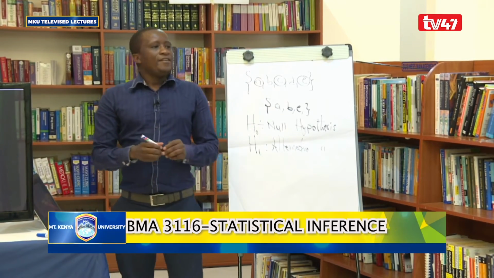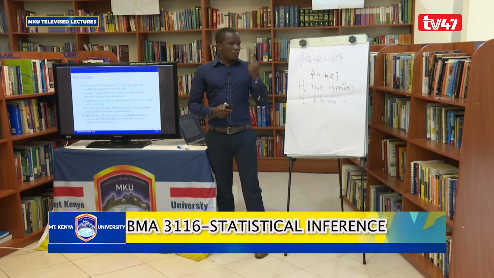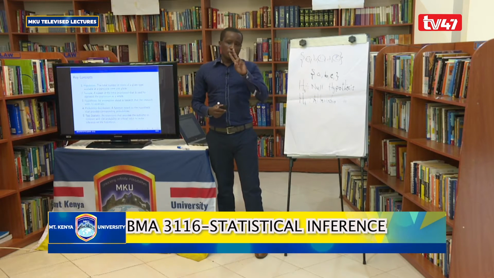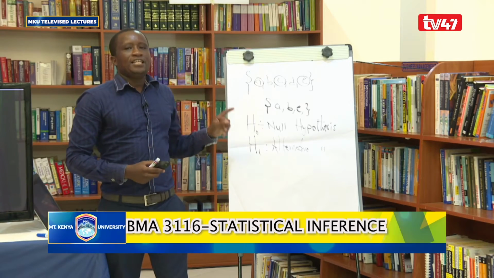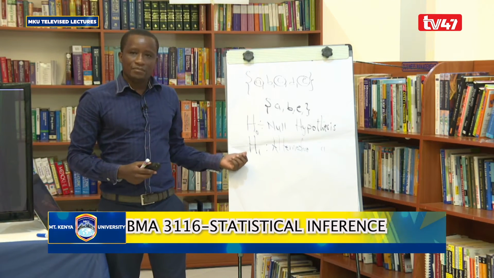Now, eventually, the conclusion you make as a researcher is to, 1, accept H naught, or 2, reject H naught. In which case, if I reject H naught, then I accept H1.